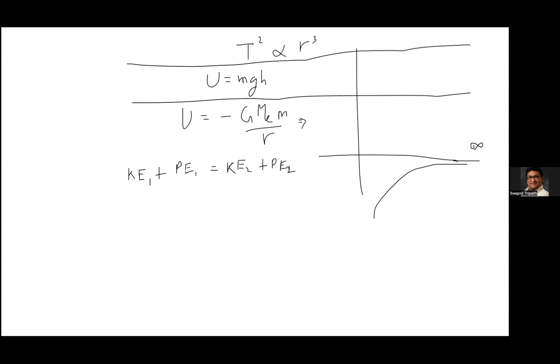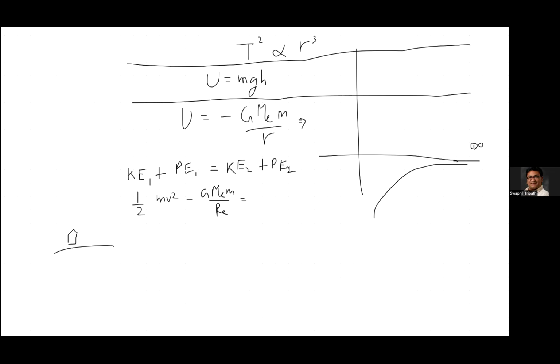So we write the expression for the kinetic energy. We say that the rocket starts here. It has some initial kinetic energy, half mv squared, and it has a potential energy minus GMeM over the radius of Earth.